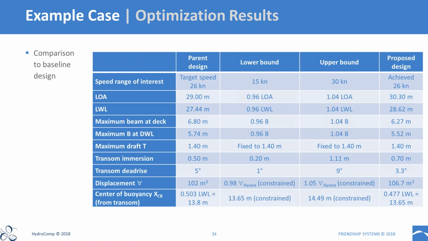Finally, of course, as I mentioned, we also obtained a specific optimized design, which we can see here in comparison to the parent or baseline design. So in the first column here with values, we have the particulars of our parent design, and then in the last column we have the values for our proposed optimized design.